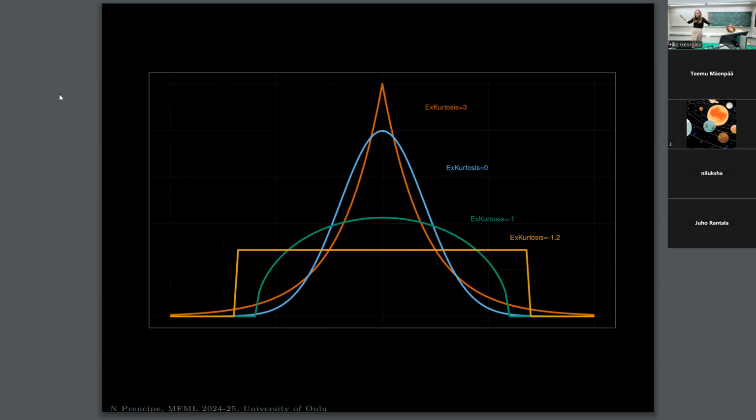So it tells you how many outliers there are or not. And actually, I think having excess kurtosis equal to 0 and kurtosis equal to 3 characterizes the Gaussian functions. So I think only the Gaussian functions have this. Yes.